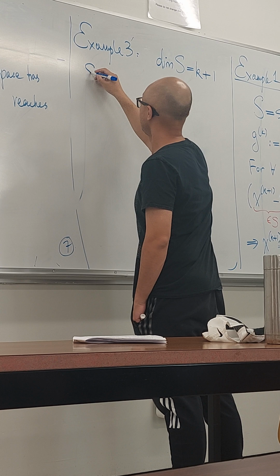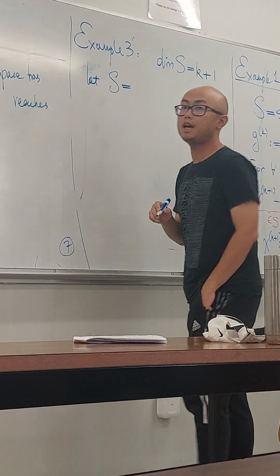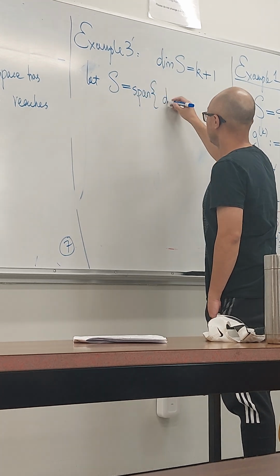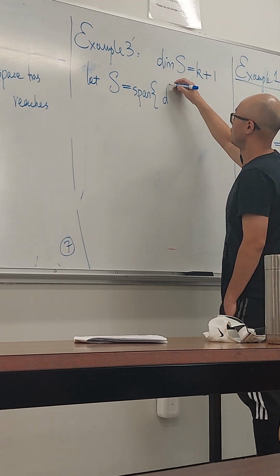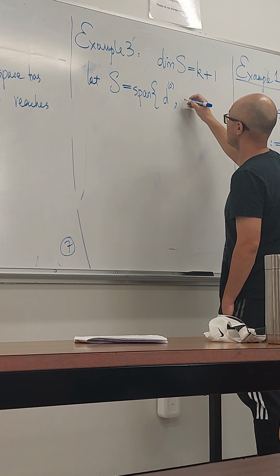We let our subspace S be the span of k plus 1 vectors, but we use d to represent them.